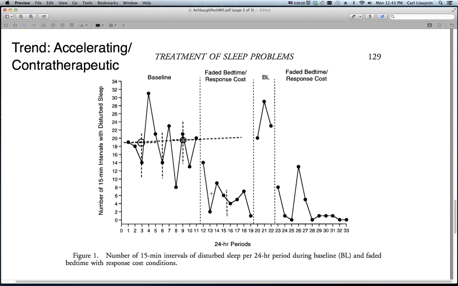Let's find the mid date. 1, 2, 3, 4. Between the second and third data point, about there. And then between the second and third data point on this side. Now the mid rate. I'm going to count up. 1, 2.